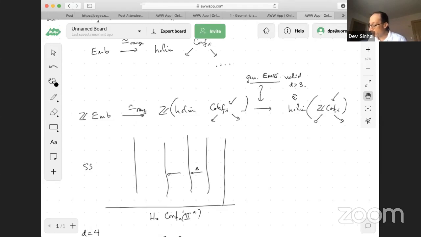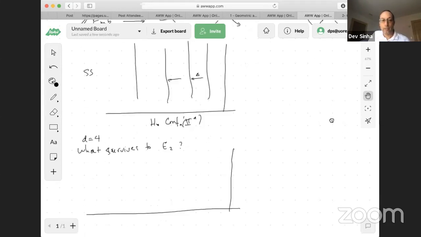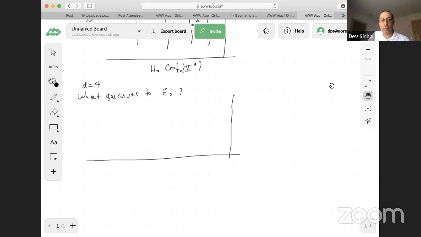And the first thing that survives is a class. So let's remember that the homology of the configuration space, this was this Poisson operad given by forests. And the first thing that survives is a forest or bracket expression.